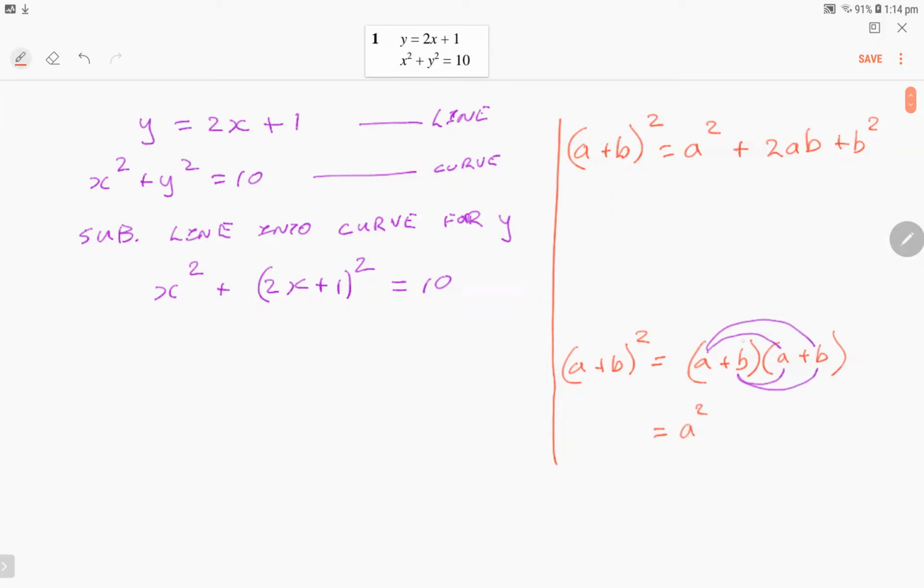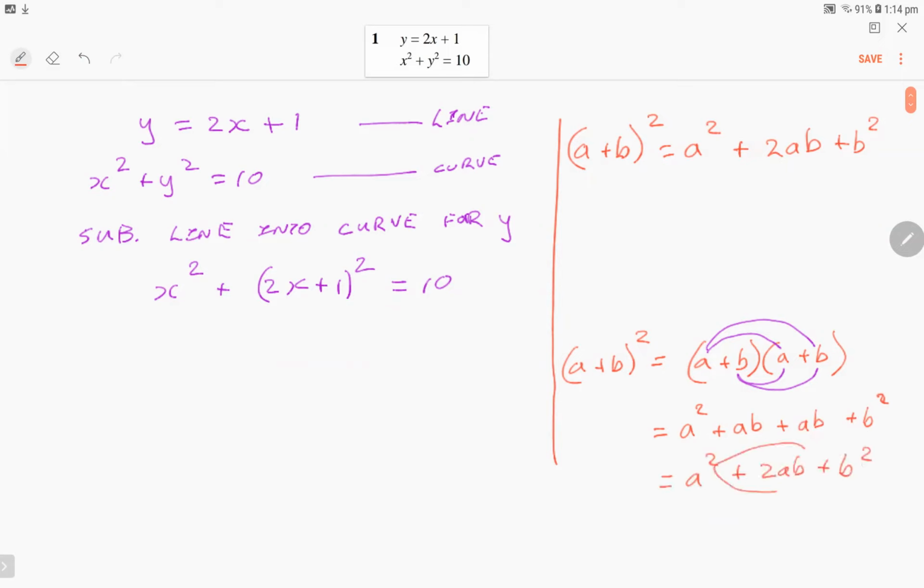Then a times b, which is ab. And then b times a, which is ba, but ba really is the same as ab. And then b times b is b squared. So you see you have 2 times ab in there. That's why we have that 2ab. So it becomes a squared plus 2ab plus b squared.